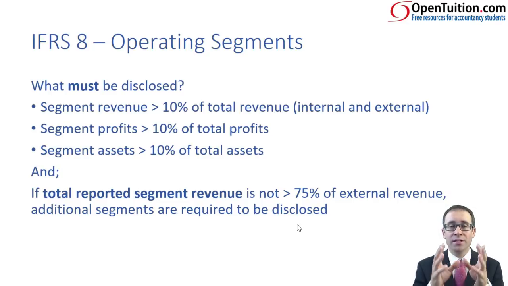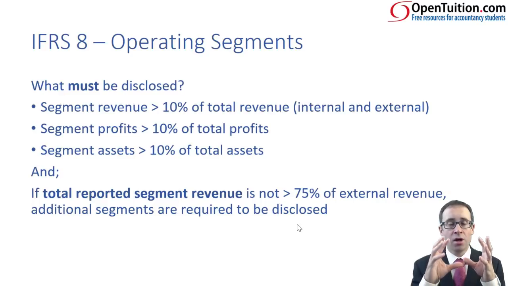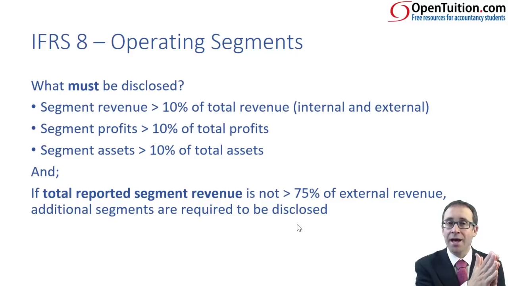You need to look at the total revenue from the segments being reported, and if that revenue reported separately isn't greater than 75% of the group's external revenue, so you need to disclose three quarters of the group's external revenue by segment, then you need to disclose additional segments.